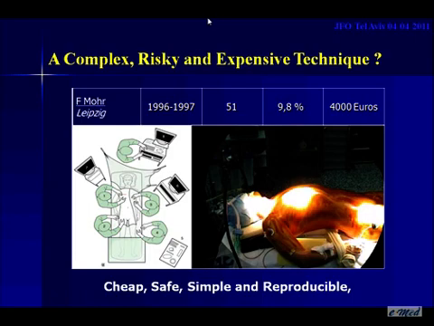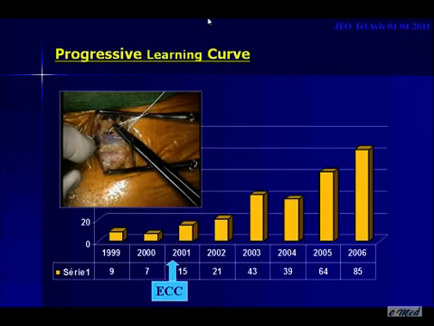Now I would like to demonstrate that today we can have this new approach with a cheap, safe, simple, and reproducible technique. This is the goal of this presentation. Of course, this has been my learning curve, and the first step is to be very confident in dealing with the extracorporeal circulation through a femoral access.